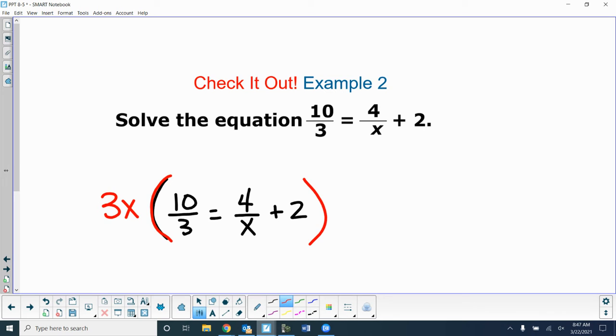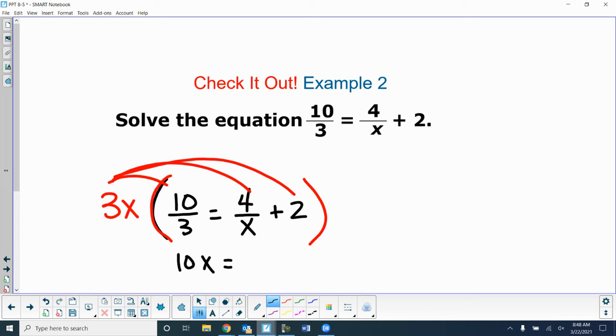All right? So now I just do it like this, and then I just distribute. Okay? So what cancels? The 3's, not the 3X. The 3's cancel. So what's X times 10? 10X, right? 3X times 4 over X. What cancels?